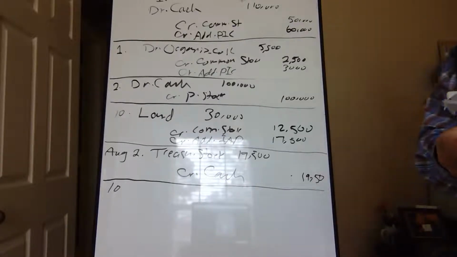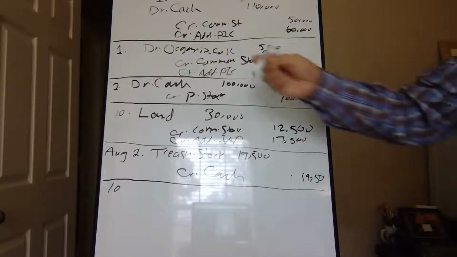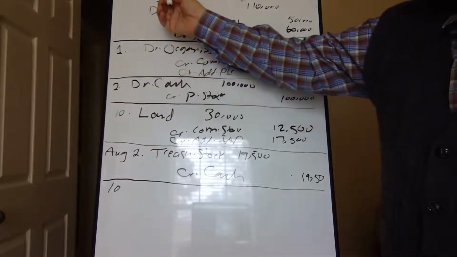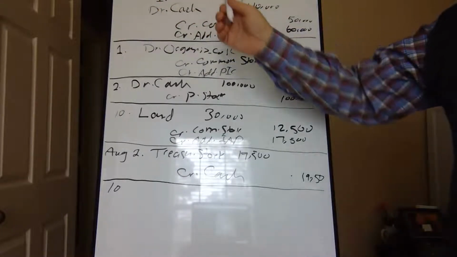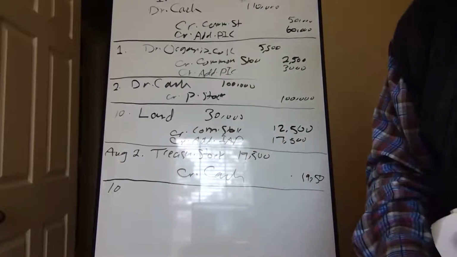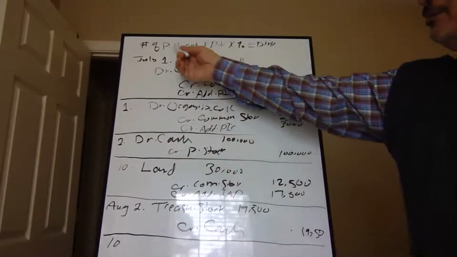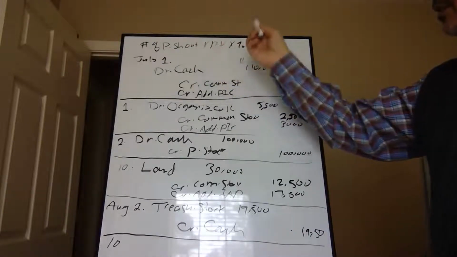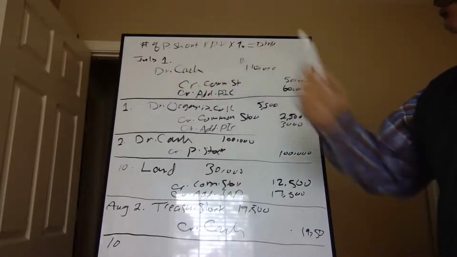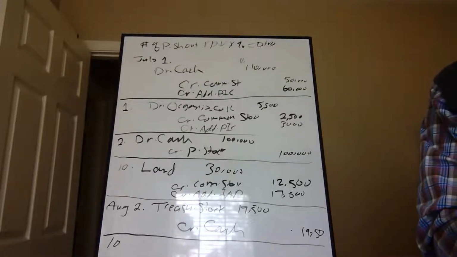Now, remember, we mentioned at the top when we started: number of preferred shares outstanding times the par value times the percentage given. Okay, so how many preferred shares outstanding do we have?